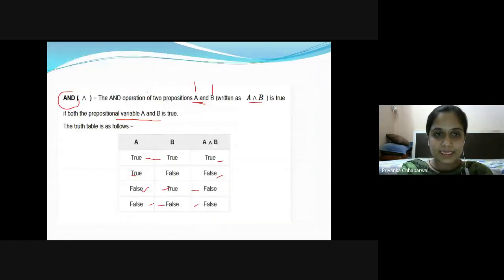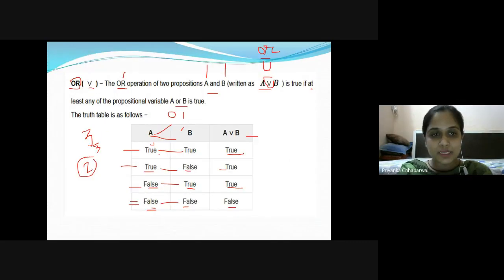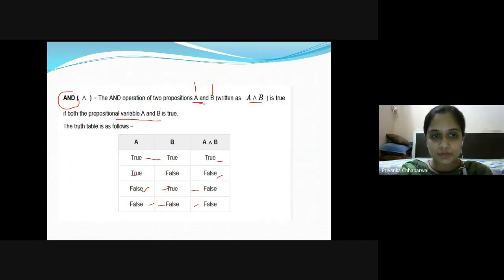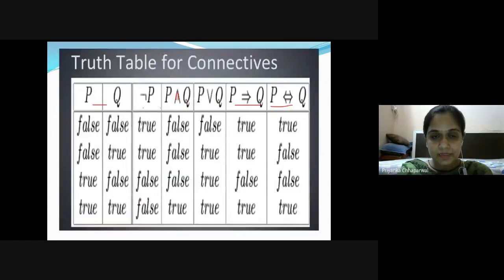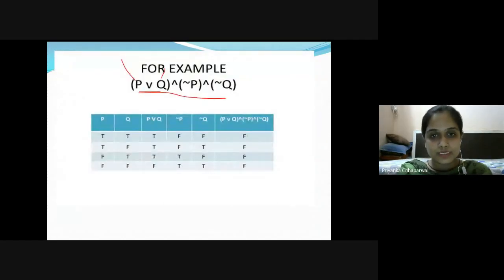Here you found the second one, the or. So what is the or? At least one of the propositional variables is true. If at least one is true, then we make the table. So it is p or q: I find it, it will be true, true, true, false, true, and if neither, then false.